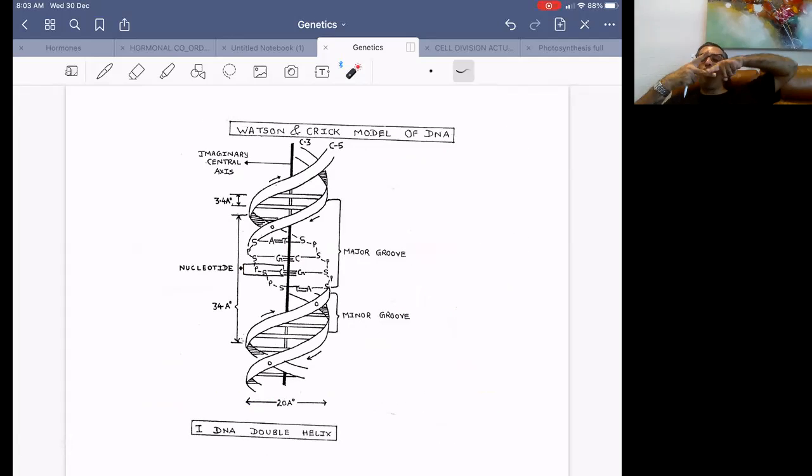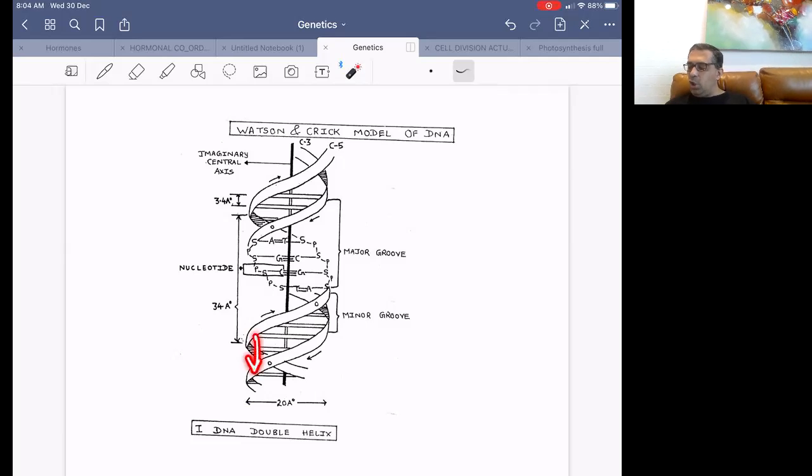So the space between the two DNA strands is called the minor groove. तो ये है माइनर ग्रूव. यहां देखना ध्यान से. ये है माइनर ग्रूव. तो space between two strands is called the minor groove. दोनों strands के बीच की space है.